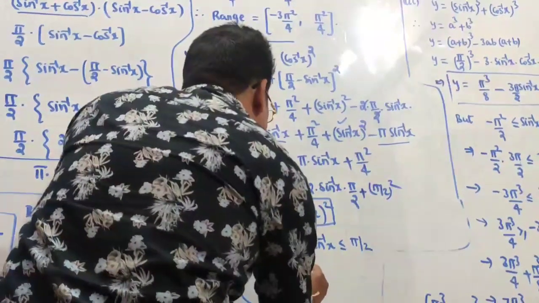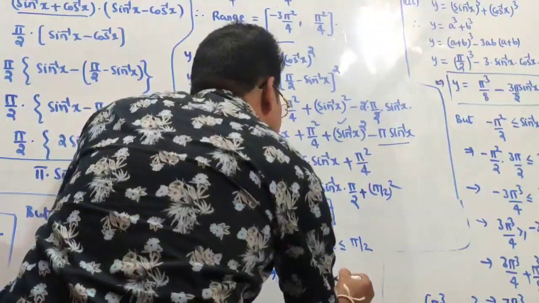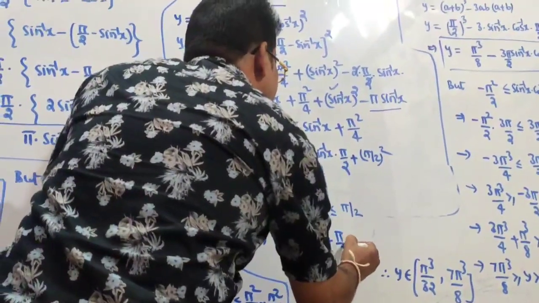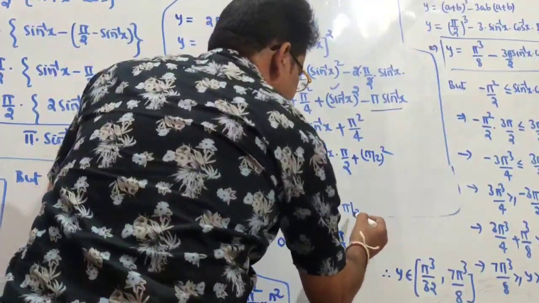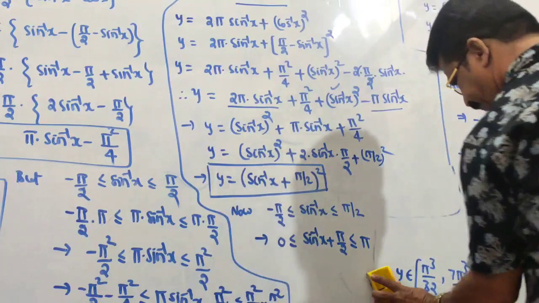So 0 is less than or equal to sin inverse x plus pi by 2, less than or equal to pi by 2 plus pi by 2, which is pi.